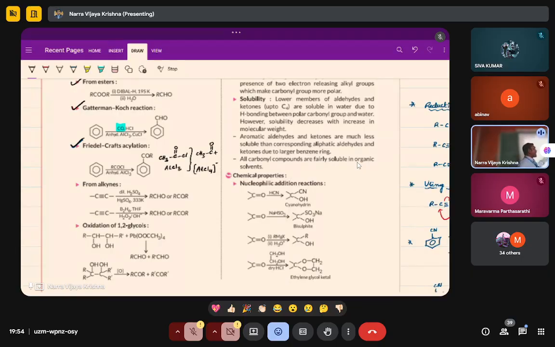Now CH3CO plus acts as electrophile that will go and attack. Then you got ketone, correct? If it is carbon monoxide, I got aldehyde. If it is an RCO group, you got a keto group. So we got Friedel-Crafts acylation. Instead of an acyl group, if it is CH3 plus, then it is called Friedel-Crafts alkylation.